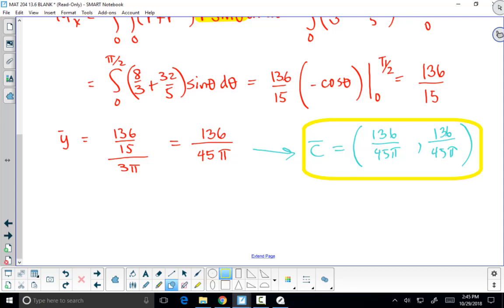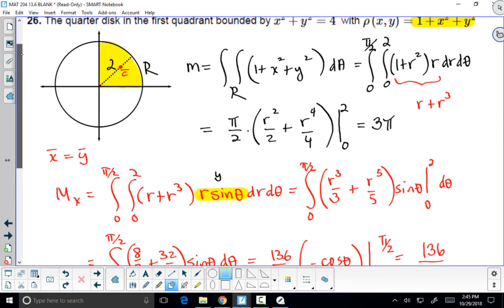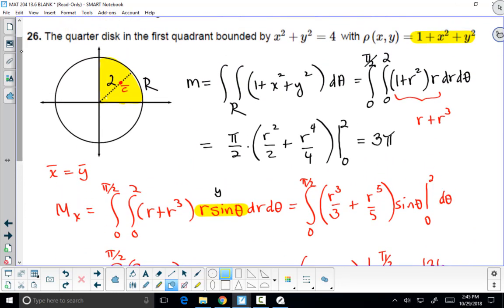So why exactly can you assume that the... So that is always the question that we have to ask ourselves. If you're not 100% convinced, then you should do the other one, obviously. So we're trying to figure out if the density function is symmetric on the region of integration.